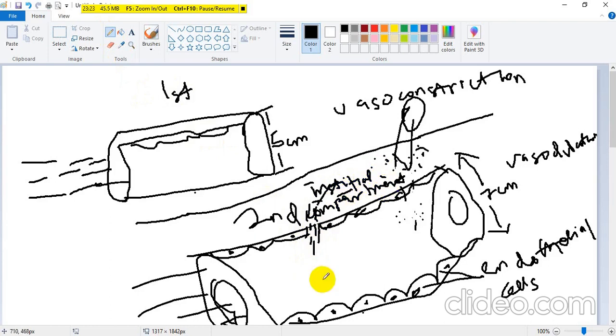Then white blood cells, or neutrophils in acute inflammation, will travel, find a gap, and enter through the gap to go and fight the infection.